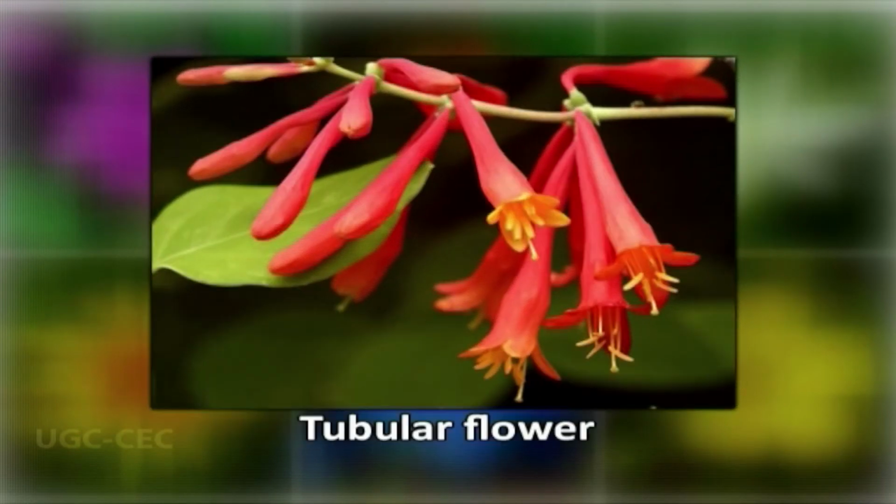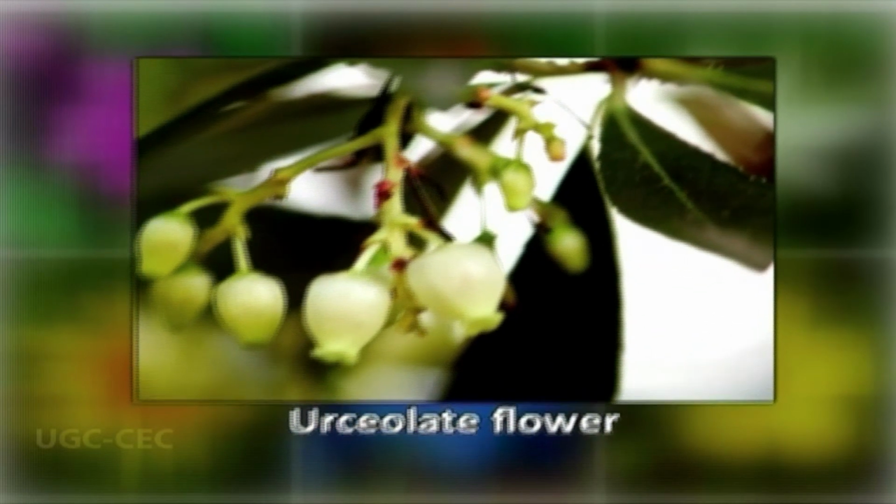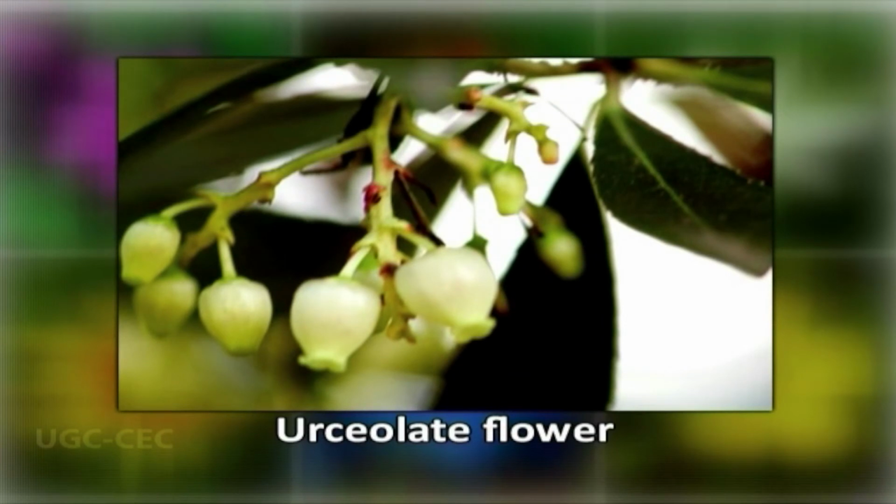They may be tubular, an elongated tube with minimal limbs, or they may be salverform, an elongated tube with a conspicuous limb, or they may be urceolate, an inflated tube with a terminal constriction, or urn shaped.